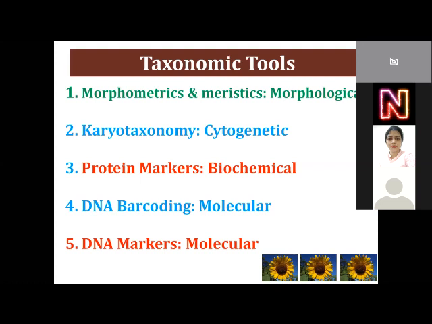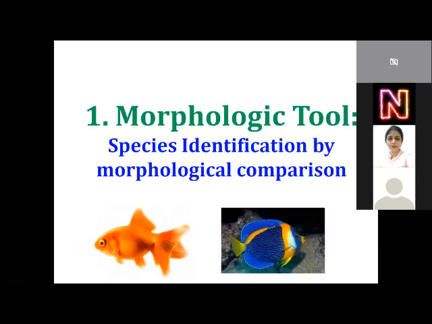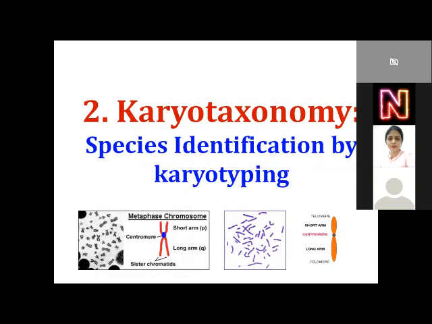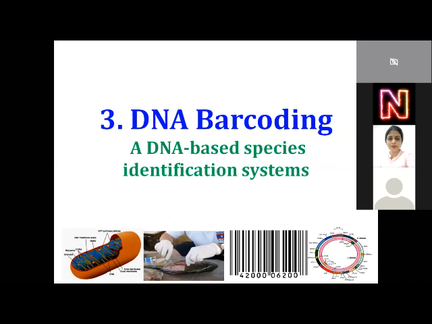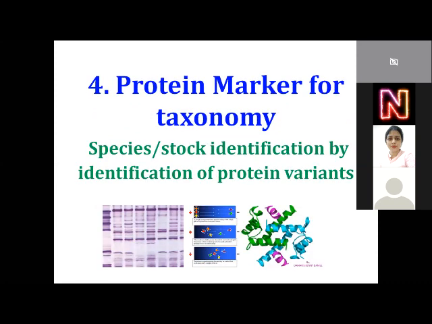So this is how it goes: a morphological marker, where species identification is by morphological comparison; karyotaxonomy, species identification by karyotyping; then DNA barcoding, which is a DNA based species identification system; then the protein marker, where we see the species or stock identification by identification of protein variants.